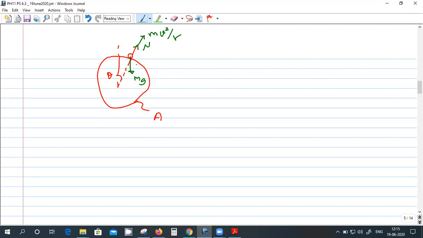Okay, so this angle is theta, so this angle is also theta. N plus N_B square by R equal to mg cos theta.